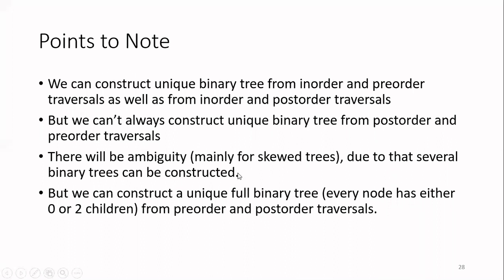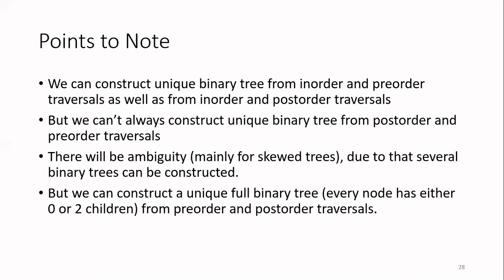So finally, we can conclude that if we have in-order and pre-order traversal, we can construct a unique binary tree. If we have in-order and post-order traversal, again, we can construct a unique binary tree. But if we have pre-order and post-order traversal, we cannot always construct a unique binary tree. There are certain restrictions. But with pre-order and post-order traversal, if your tree is a full binary tree, in that case, you can construct a unique binary tree.